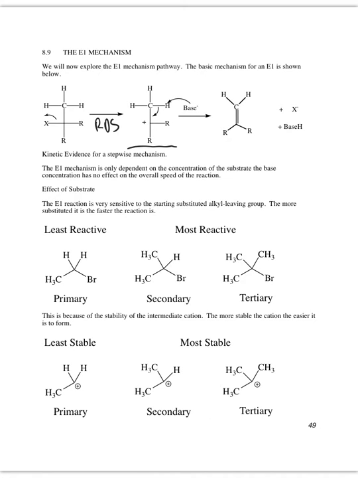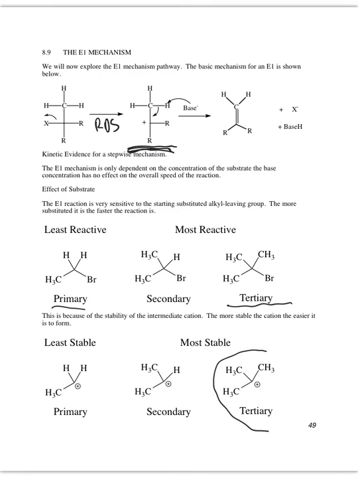So the stability of the intermediate, the cation, plays a large impact in how fast the reaction will be. The most reactive alkyl leaving groups are the tertiary ones, with the least reactive, the primary, in an E1 mechanism. And this is all because of the stability of the intermediate cation.